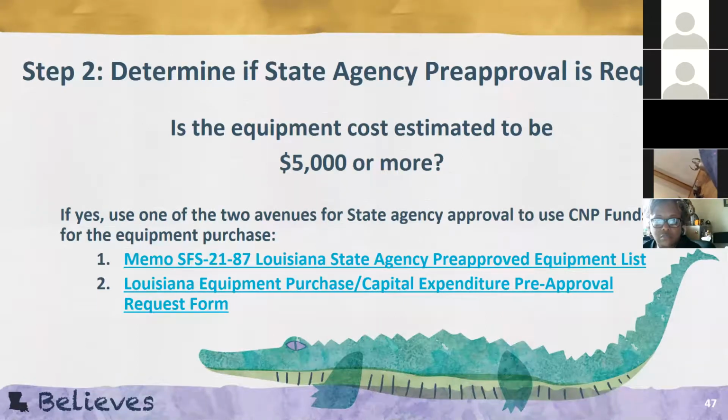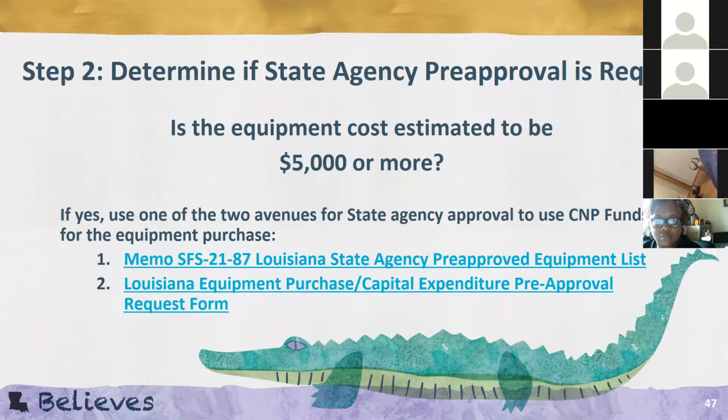Keep in mind that SFAs must follow all applicable federal, state, and/or local procurement procedures when making these equipment purchases. This pre-approval does not exempt the SFA from using all applicable procurement procedures.